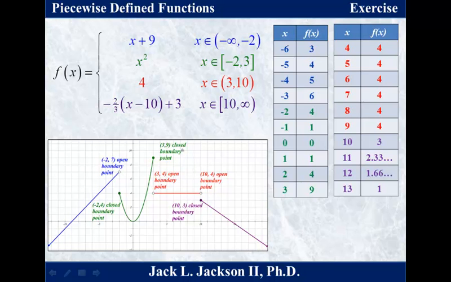And this has slope negative 2 thirds, so it only applies by going to the right because 10 is the left boundary of this thing. But if we go to the right one, we go down 2 thirds, so that's 2 and 1 third, or 2.3 repeated. And then the next one is go down another 2 thirds, that's 1 and 2 thirds, or 1.6 repeating. Go down another 2 thirds, we're at 1.